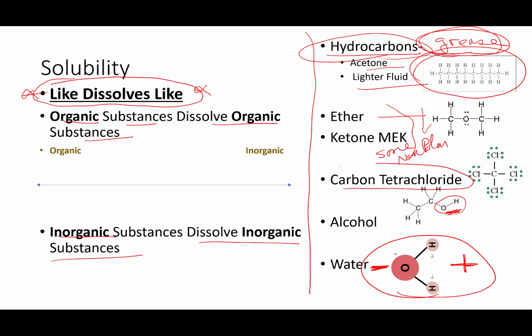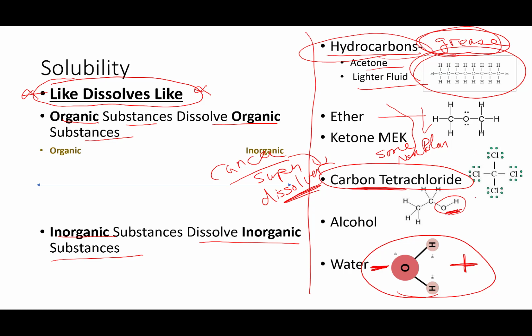And then there's the big dissolver, carbon tetrachloride. Carbon tetrachloride is a super duper dissolver. The challenge with carbon tetrachloride is that it is a huge, massive cancer causer. And some industries still use carbon tetrachloride because it is fabulous at dissolving grease and oil. It is a carbon molecule surrounded by 4 chlorines.